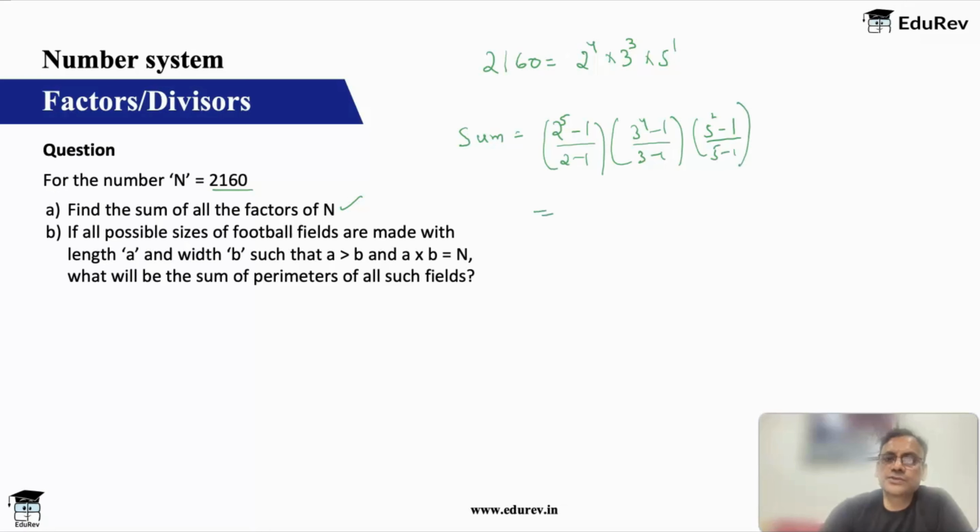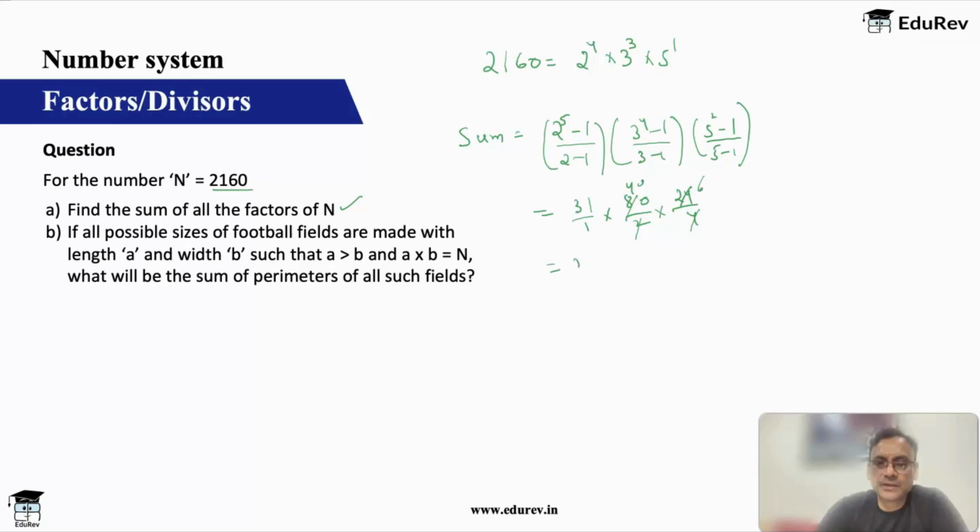Okay, which is 2 to the power 5 is 32. 32 minus 1 is 31 by 1, into 3 to the power 4. 3 to the power 4 is how much? 81. 81 minus 1 is 80 upon 2, into 5 square, 25 minus 1, 24 by 4. Okay, so this is 40. This is 6.